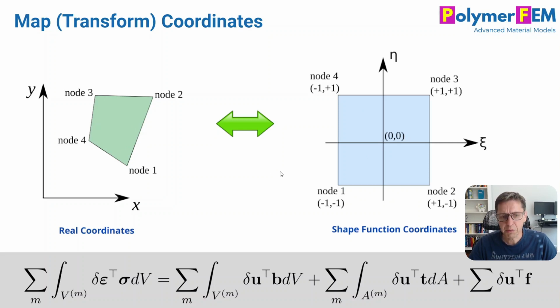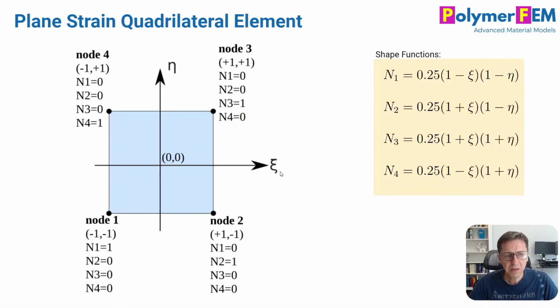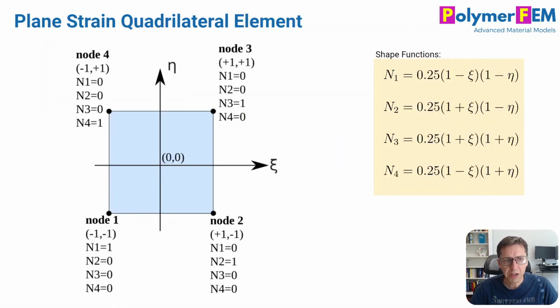So let's see how we can perform this mapping. I will focus on plane strain quadrilateral elements, and that's what my Python code was written for in the examples earlier. The idea here is to introduce 4 functions that I will call n1 to n4.